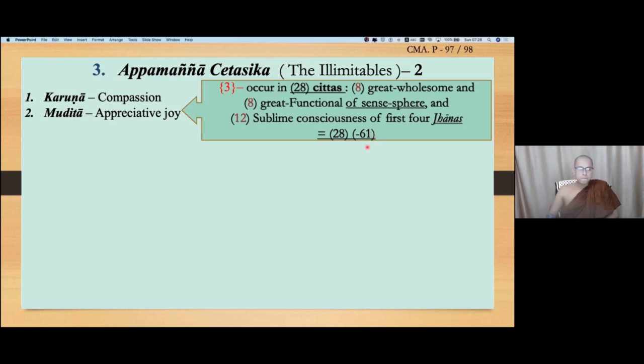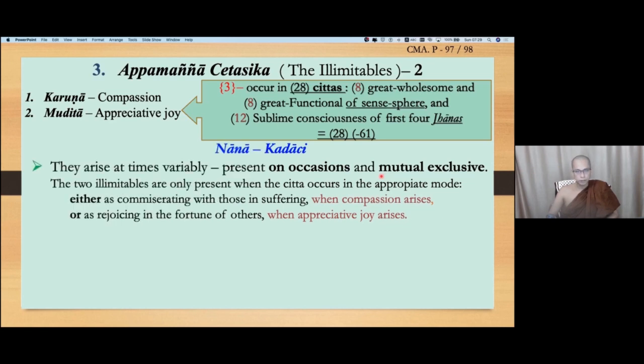So among the 89 consciousness, we need to identify, for all mental factors, which consciousness are associated and which are dissociated consciousness.